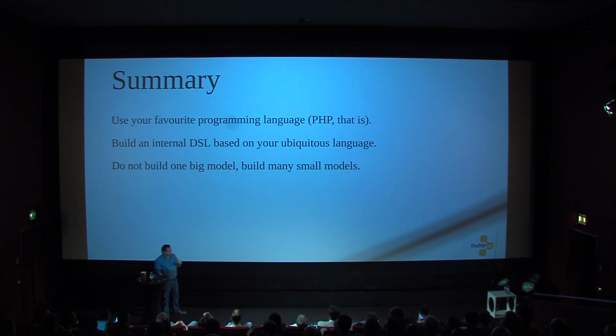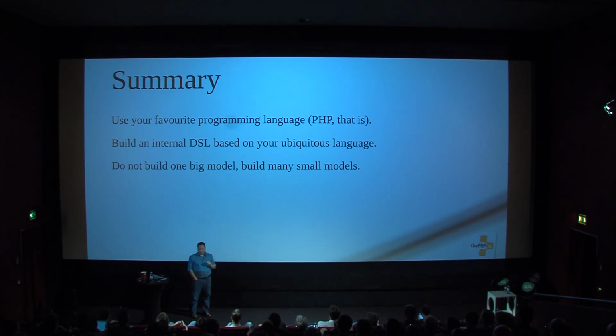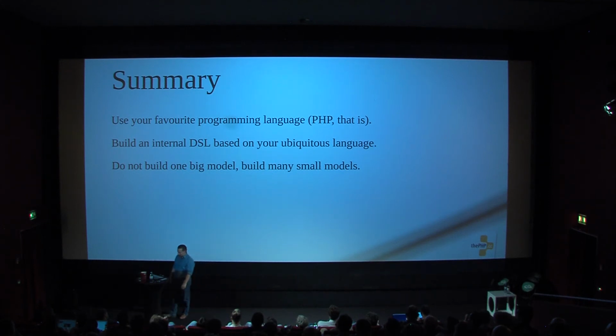Then, I already mentioned that, do not build one big model. You're going to fail. Because people have different requirements in different contexts. They are very, very different things, and if you mash them up in one model, you're always going to have a maintainability issue.